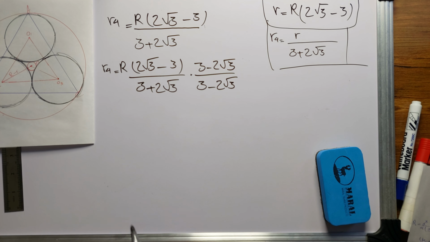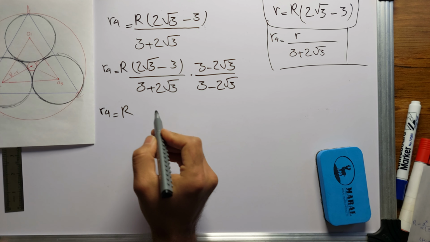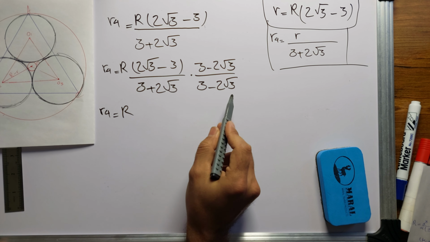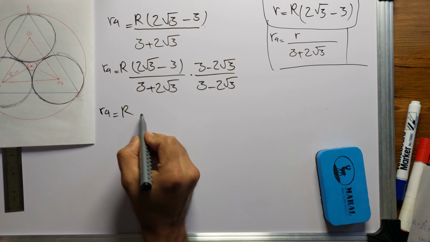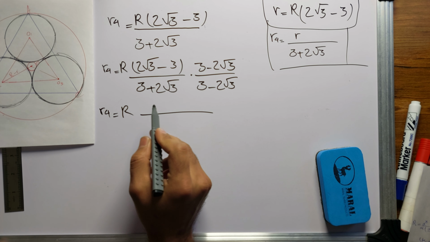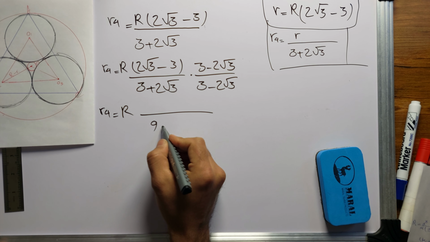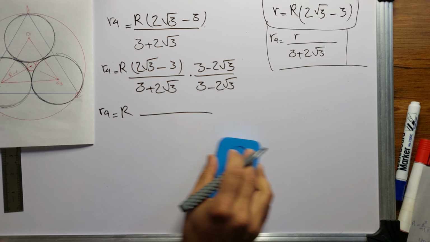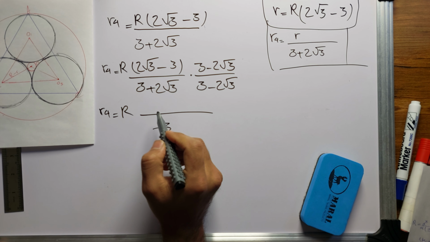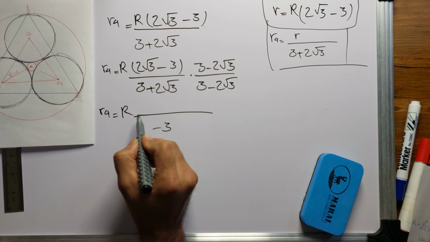So now let's apply that here. So r4 equals r. The denominator here is 3 squared minus this square, so that's 9 minus 4 times 3, which is 12. So 9 minus 12 is minus 3. And then the numerator, let's expand it here.